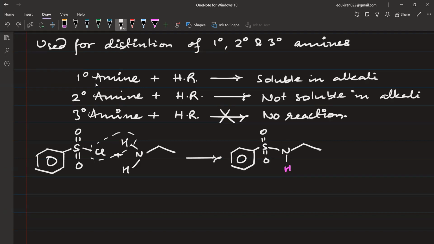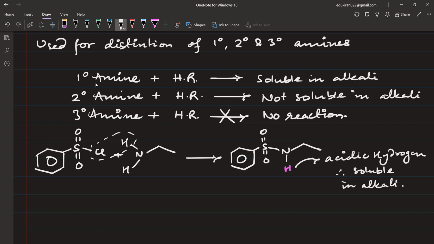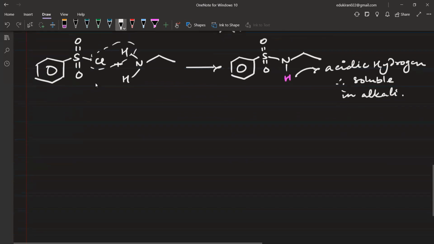So this hydrogen is quite an acidic hydrogen, and that is why it is soluble in alkali. Therefore, if I mix this with alkali, it is going to completely mix, and it will be soluble. This product will be soluble in alkali.